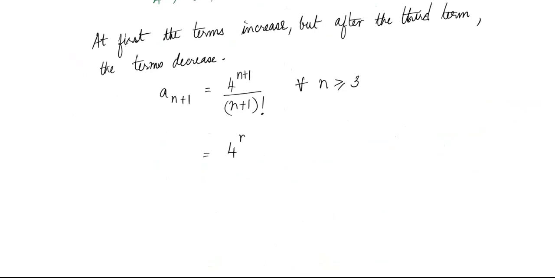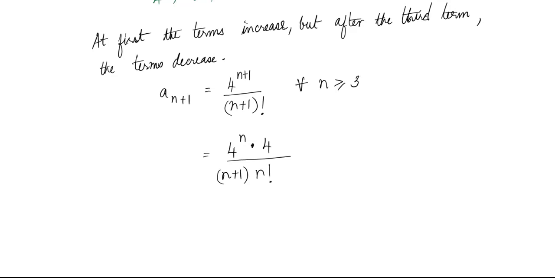So I could split this up as 4 power n times 4. And by factorial property, this will be n plus 1 factorial, n plus 1 times n plus 1 minus 1 times n plus 1 minus 1 minus 1, and so on, right? So n plus 1 times n plus 1 minus 1 will be n factorial.